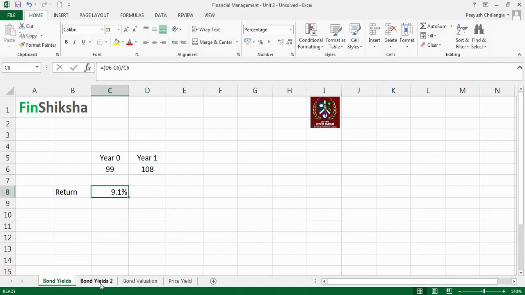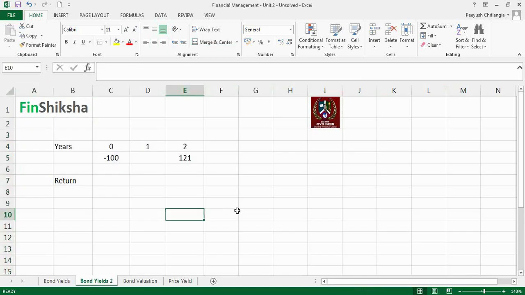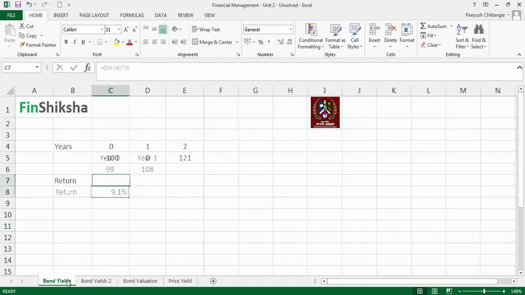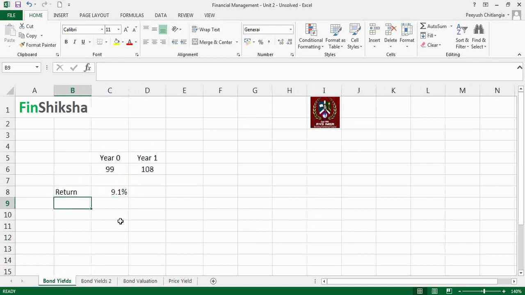For that, let's go to sheet 2, which is bond yields 2, and we have this premise given here. In year 1, there is no payment happening, right? So year 0 is minus 100, then 1, 2. Now, the concept could be explained because these are equidistant regular cash flows. Remember, we could have used the same premise here as well.